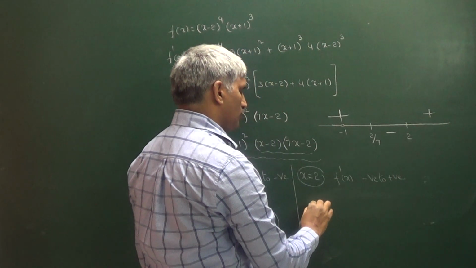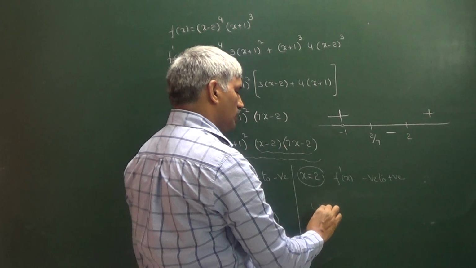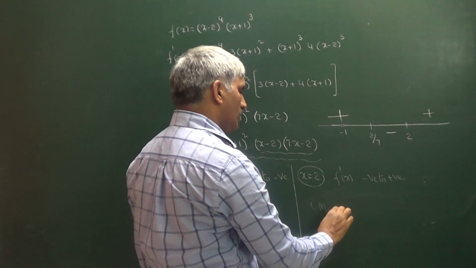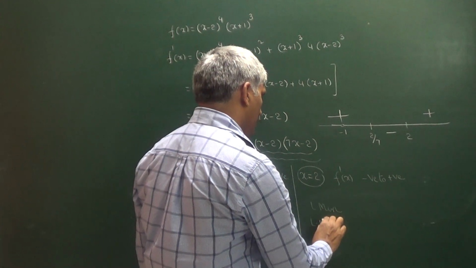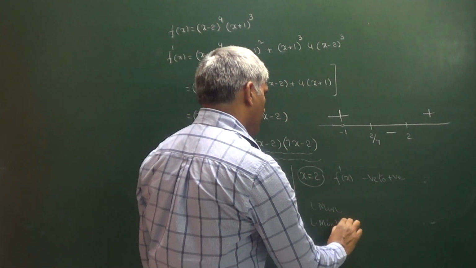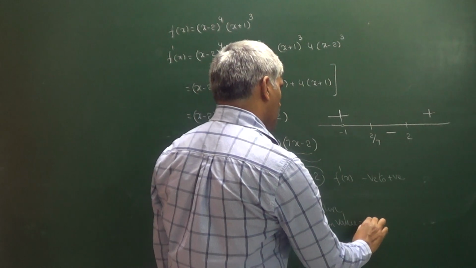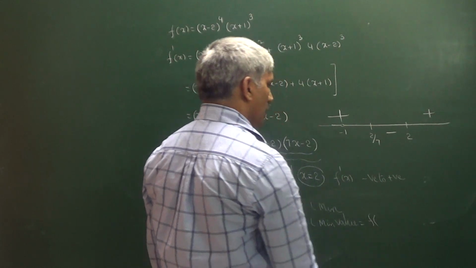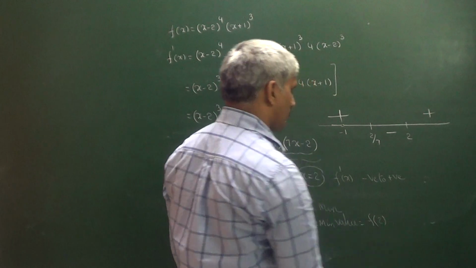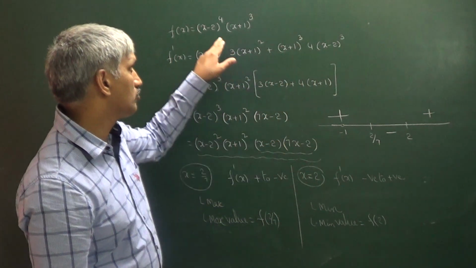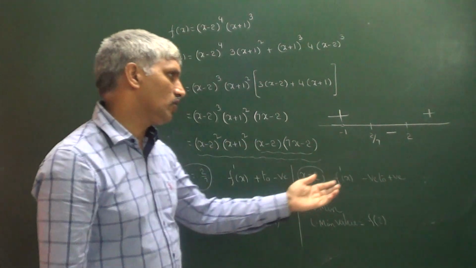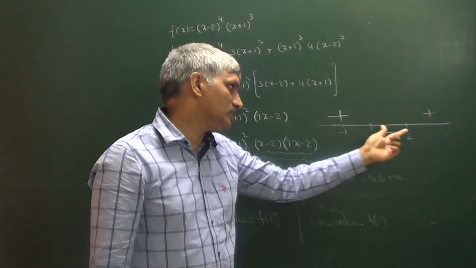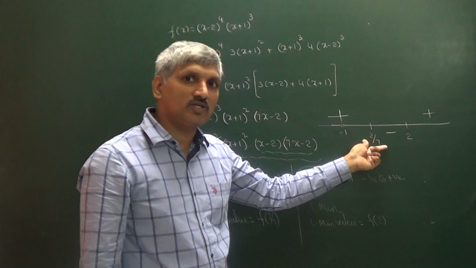Negative to positive means at x is equal to 2, the function has local minima. So we have to find that local minimum value, which is equal to f of 2. So that's why x is equal to 2, we have to substitute in the given function, right? So this is the local minimum value, and this is the local maximum value at 2 by 7.